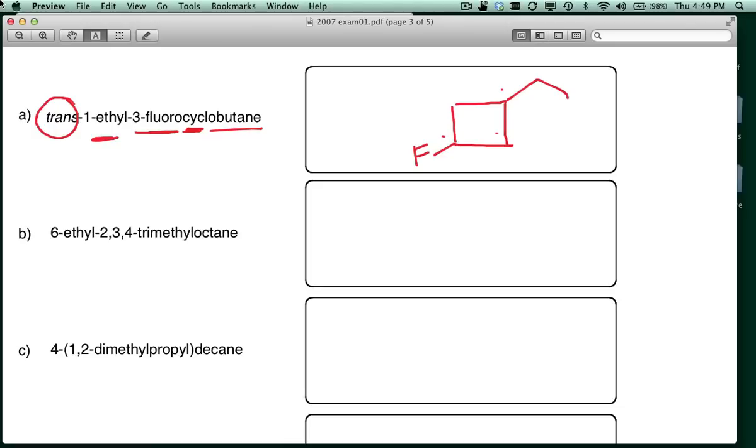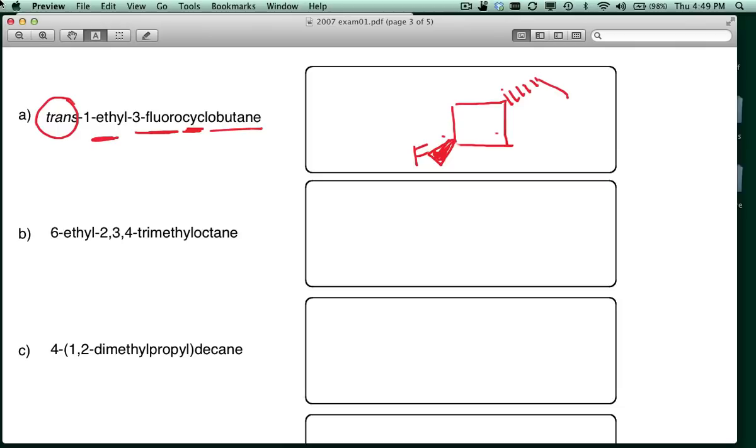So to indicate something's coming up, make sure you draw it right. You need to make a bold wedged bond. So if I take this fluorine, for example, and draw the bond like that, that means it's coming up out of the board. And if I draw the bond to the ethyl group with dashes, that means it's going down away from you.